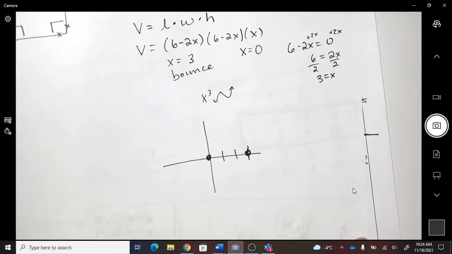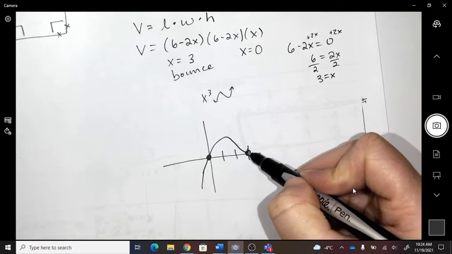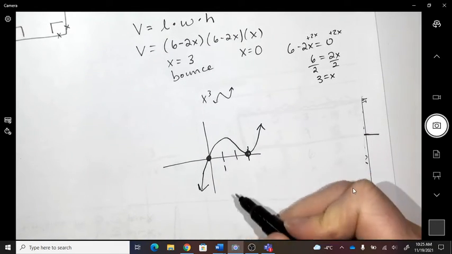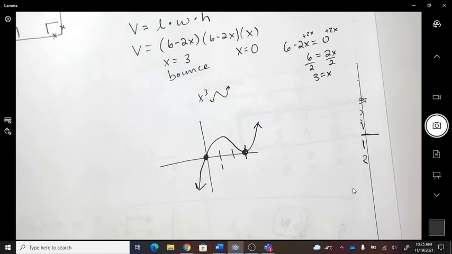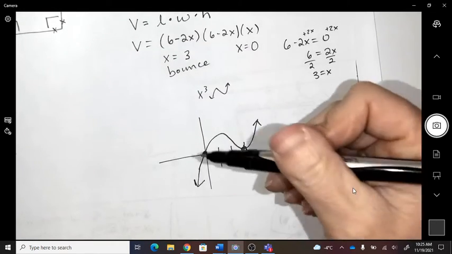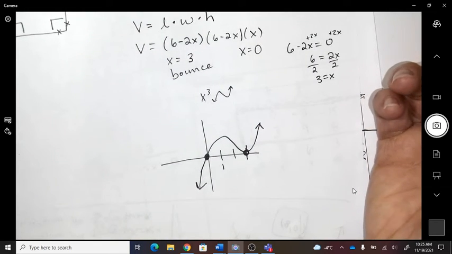And we need to bounce at 3. Okay, on this one, I do not know any y values to specifically go to because my y-intercept is 0 as well, right?